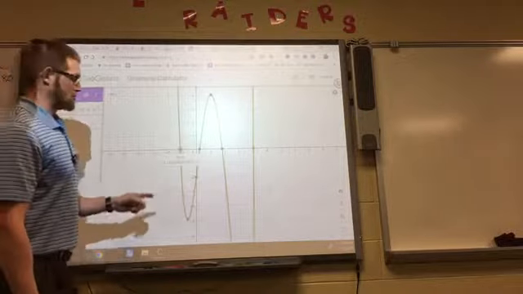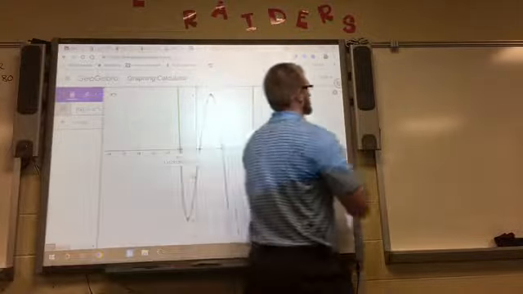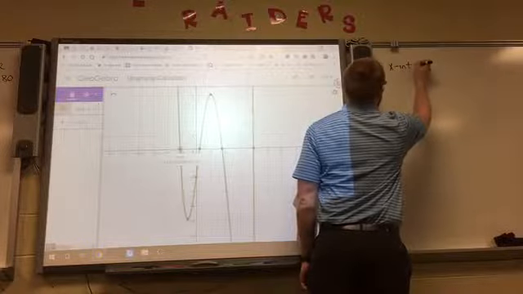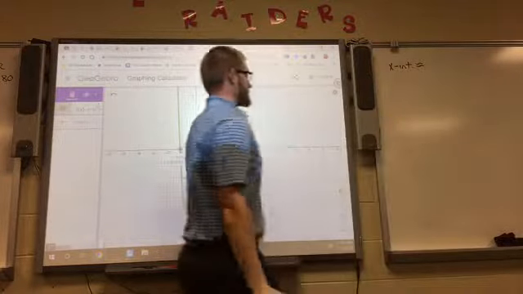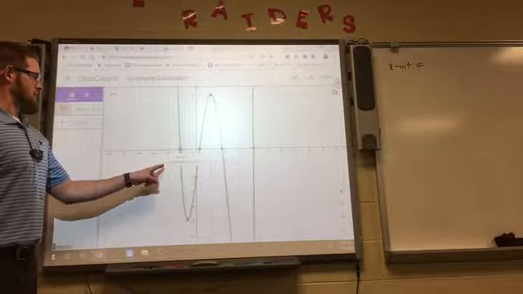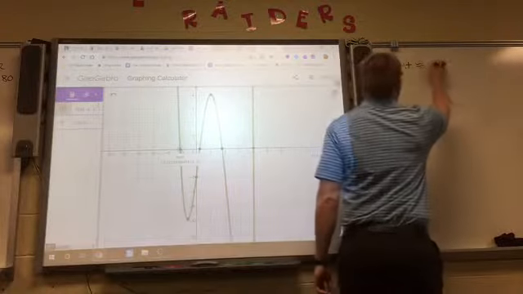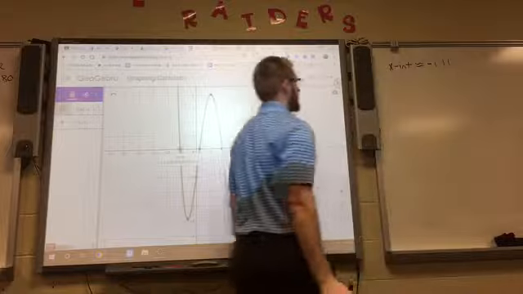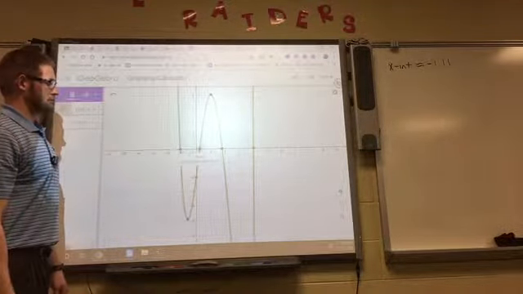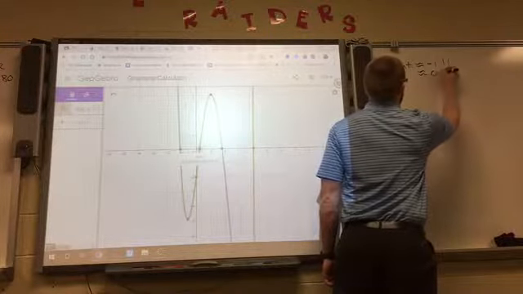Okay. So my intercepts. Let me grab a marker here. My x-intercepts, one of them is approximately, let's go to the nearest hundredth, negative 1.11. The next one is approximately 0.24.